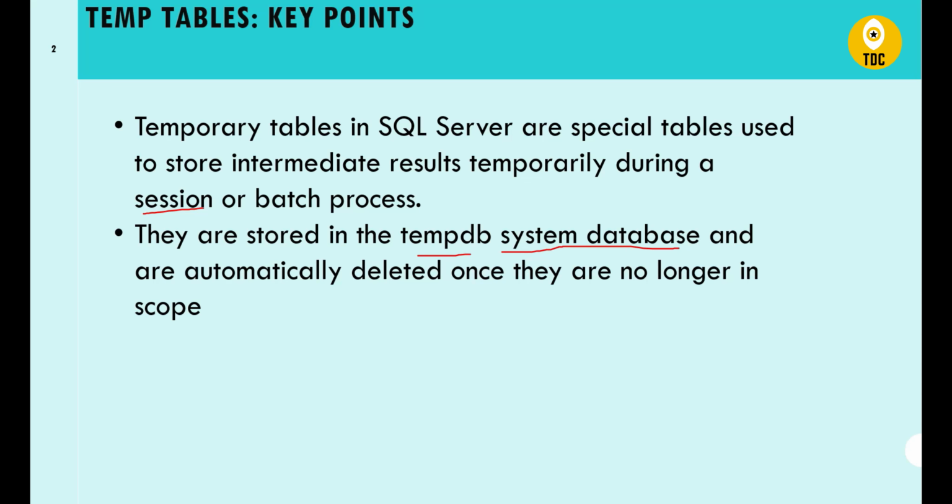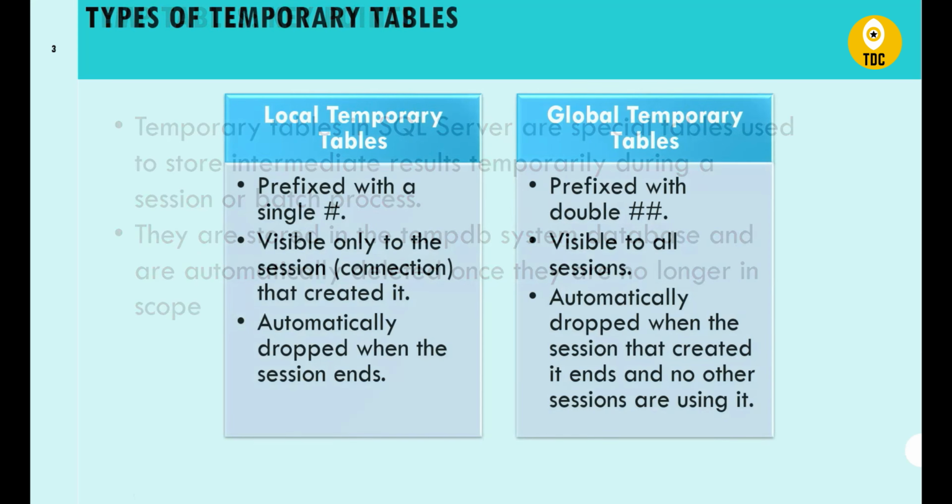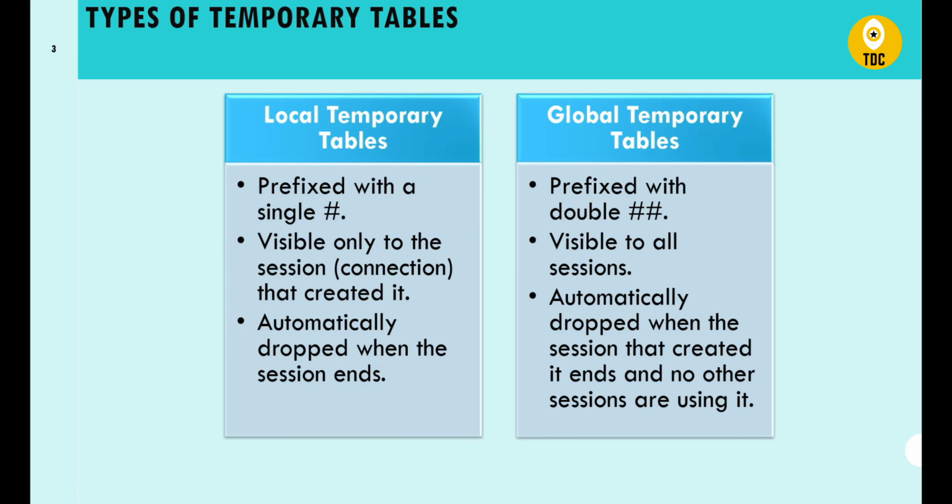So this is the definition, and what exactly temp tables mean. You have local temp tables and global temp tables. Most commonly, local temp tables are used. A double hash symbol denotes a global temp table, which means it can be used across different sessions. That's what it says here: visible to all sessions.